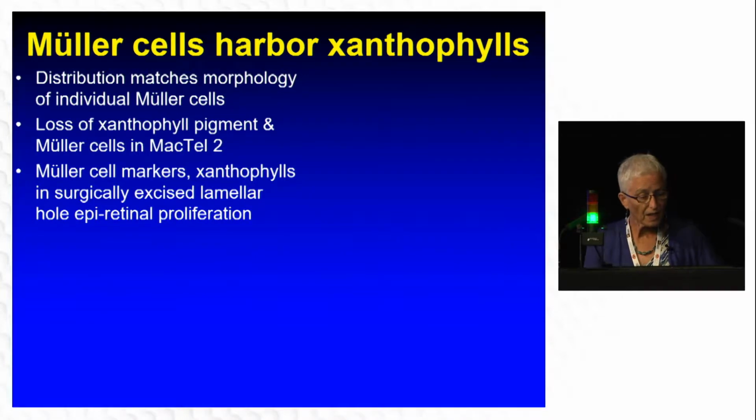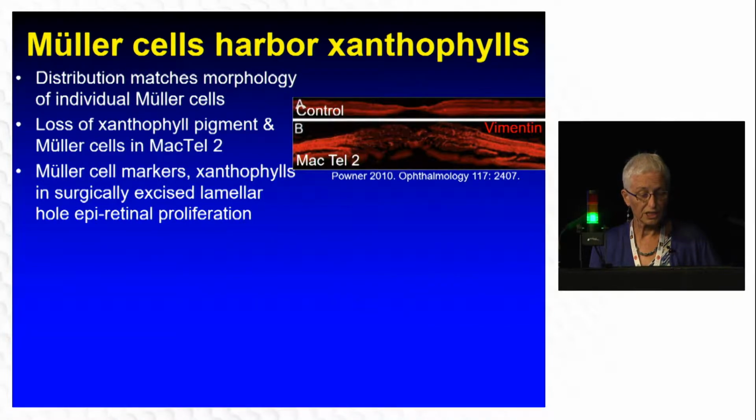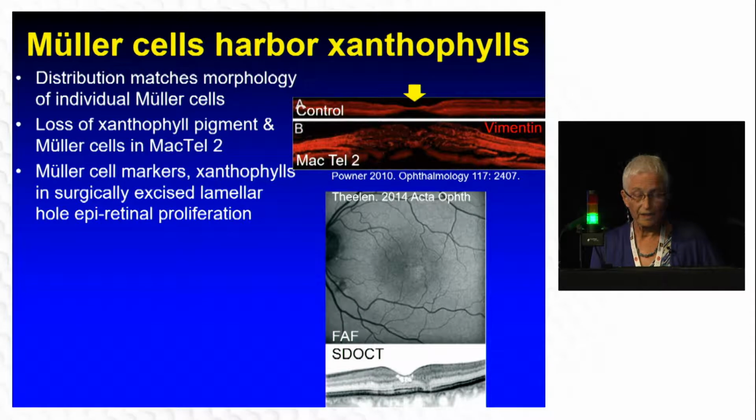So in addition to the distribution that matches the morphology of individual cells, there are a number of other lines of evidence, primarily from the MacTel study, which has shown both histologically and in imaging the loss of macular pigment in eyes with macular telangiectasia 2. You can see that here. The control eye has a Mueller cell marker that's absent in the diseased eye.